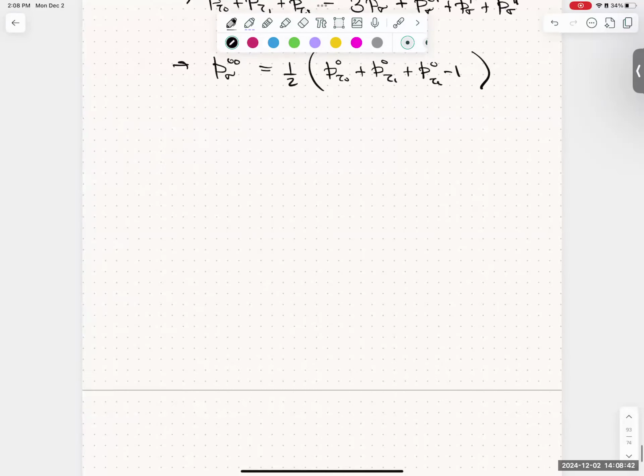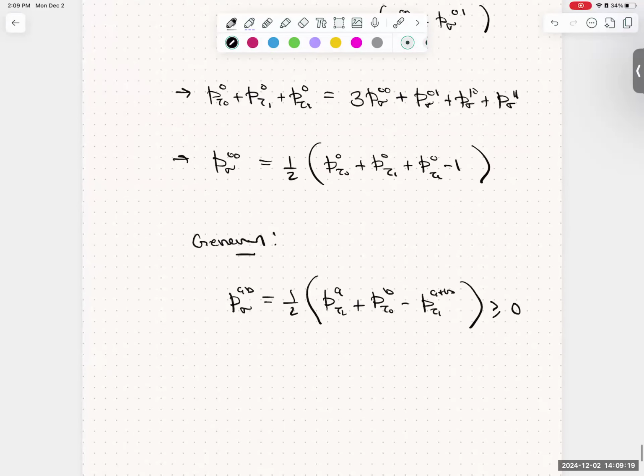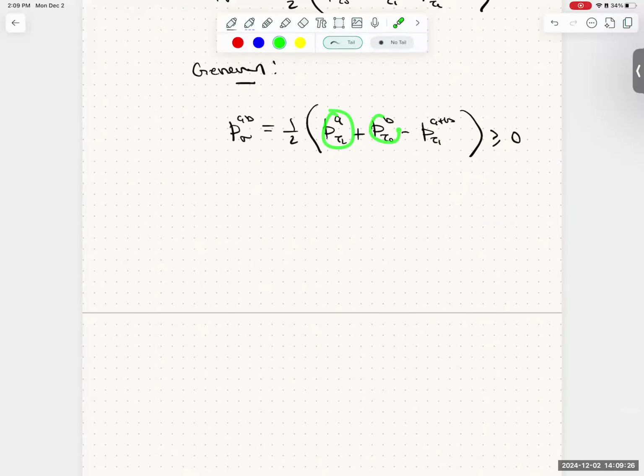You can generalize this just for the other outcomes. So in general, it will look like this: P sigma AB equals 1/2 times P tau 0 A plus P tau 2 A plus P tau 0 B minus P tau 1 A plus B. And now the only thing we need to do, because these marginals are just probabilities between 0 and 1, it could be the case that I could choose some values between 0 and 1 such that this would not be non-negative.